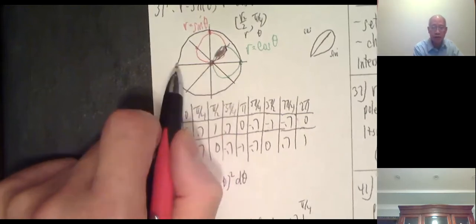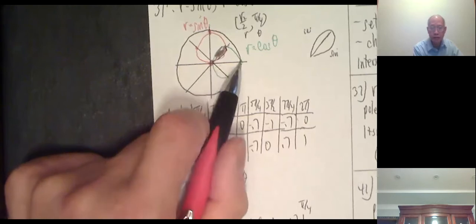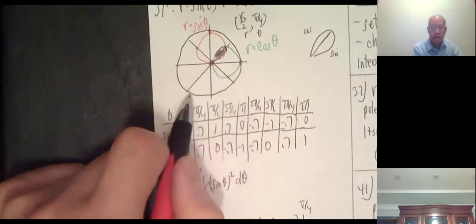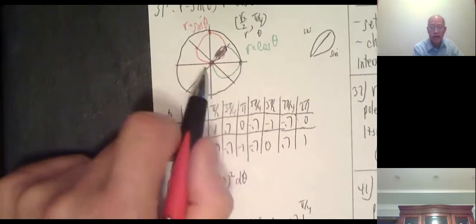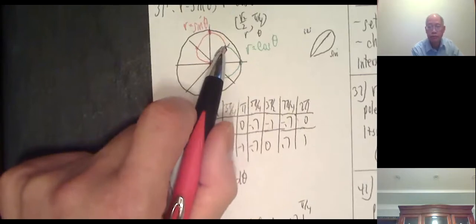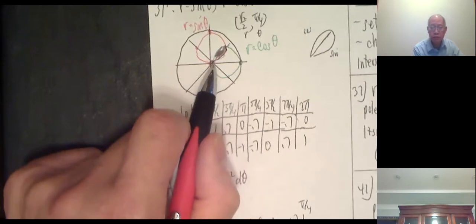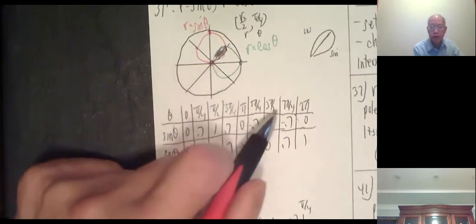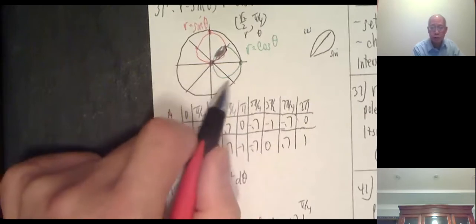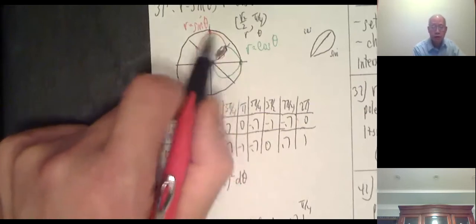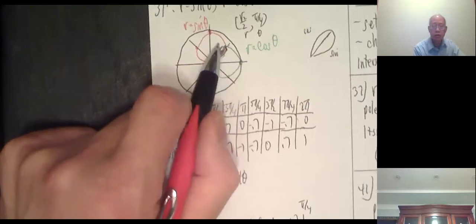Pi means you aim this way, but it's negative 1, so you back up. And again, it just retraces its steps. 5 pi over 4, negative 0.7, that's back here. 3 pi over 2, 0, come back to the pole. 7 pi over 4, 0.7, and 2 pi back to 1. Okay, so here's r equals sine theta, r equals cosine theta.